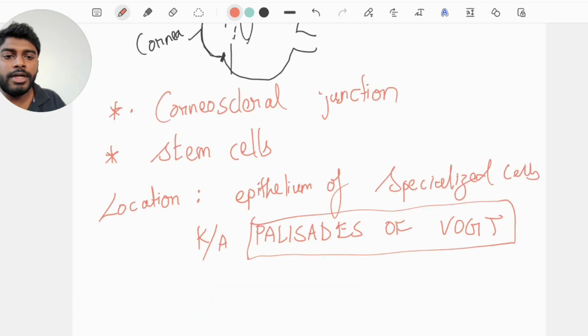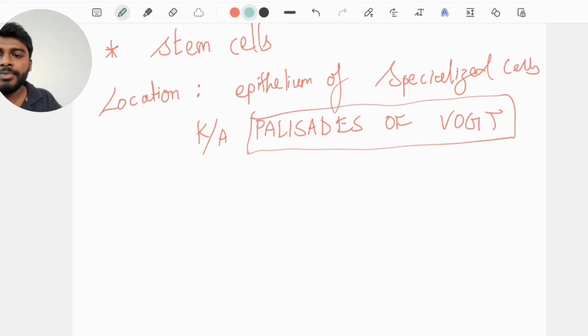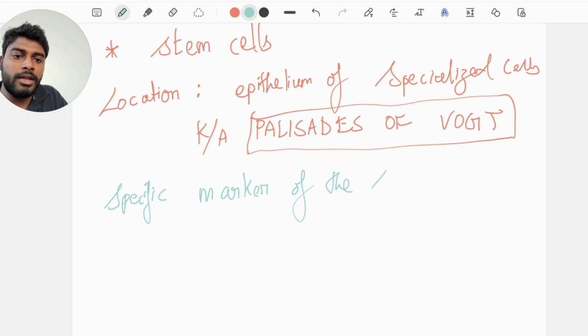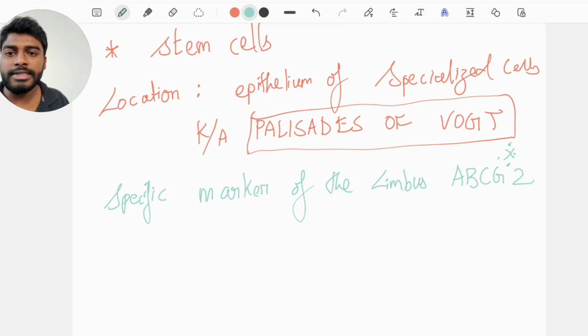So here you have the important MCQ point. The specific marker for the limbus is ABCG2. This is one of the important questions they asked twice in your exam.